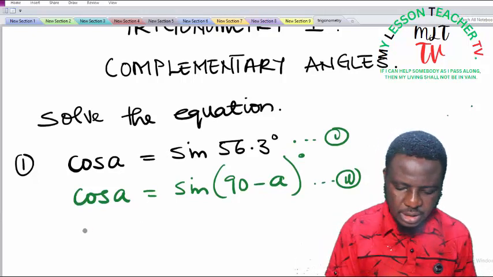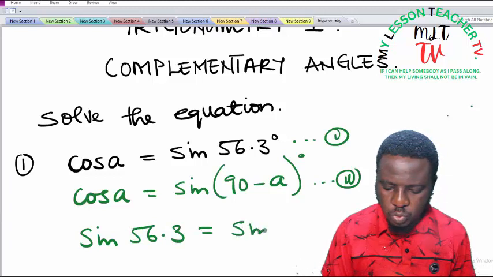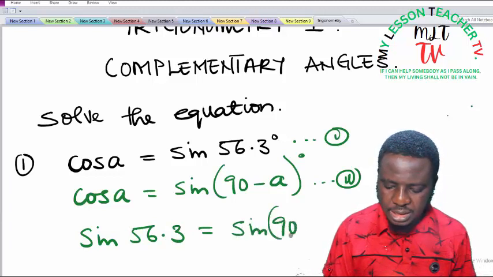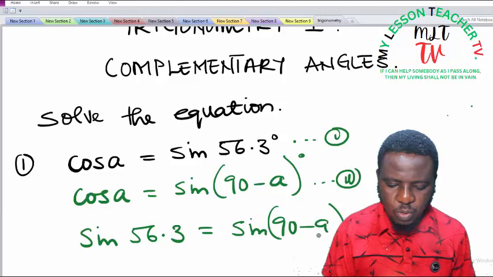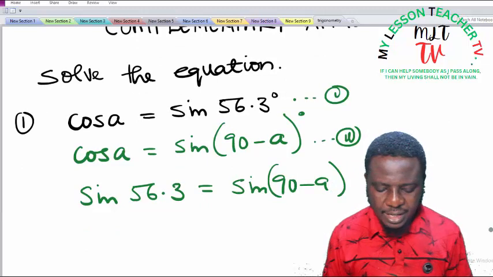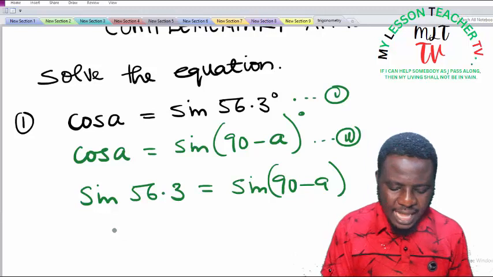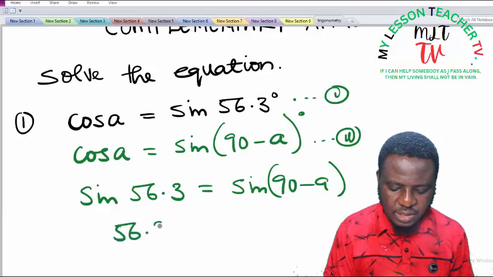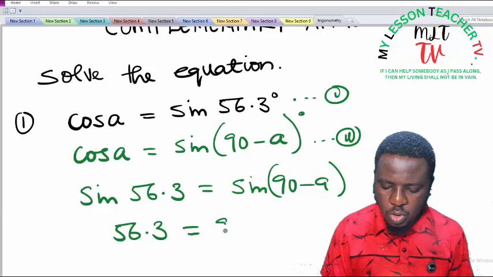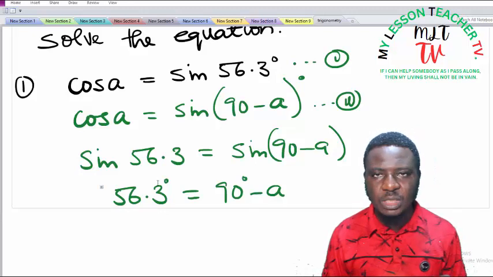And if that is the case, we can then say that sine 56.3 is equal to sine 90 minus A, since both are equal to cos A. So when you simplify, if sine 56.3 is equal to sine 90 minus A, that definitely means that 56.3 is equal to 90 degrees minus A. For us to get our value for A, we are going to make A the subject of the formula.